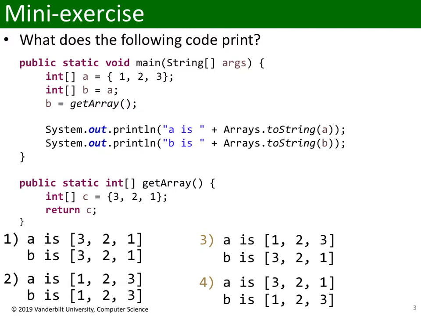So we have a main function and an array of integers called A is declared. Then we have an array variable called B, which is assigned A. And then we're calling the method getArray and storing what is returned in B. And getArray returns an integer array reference.